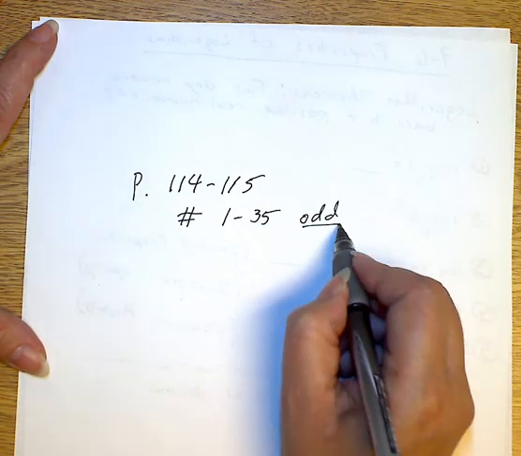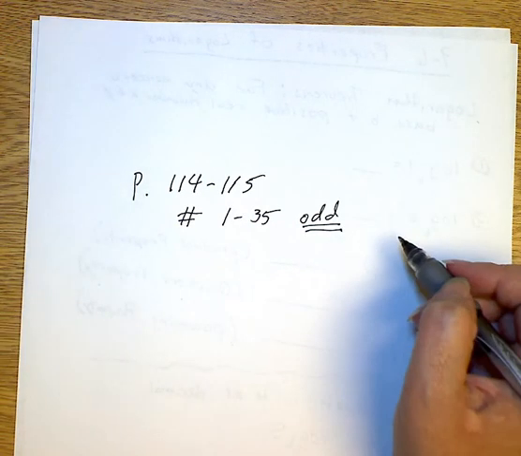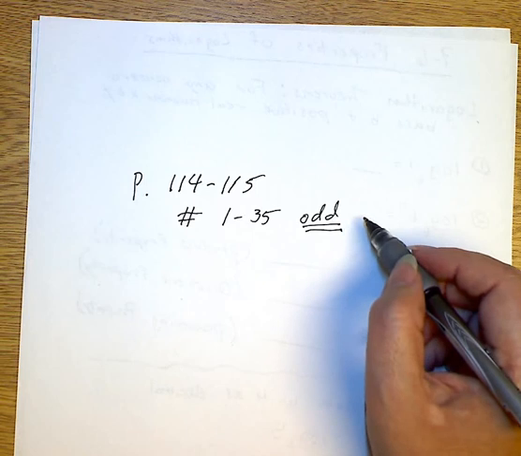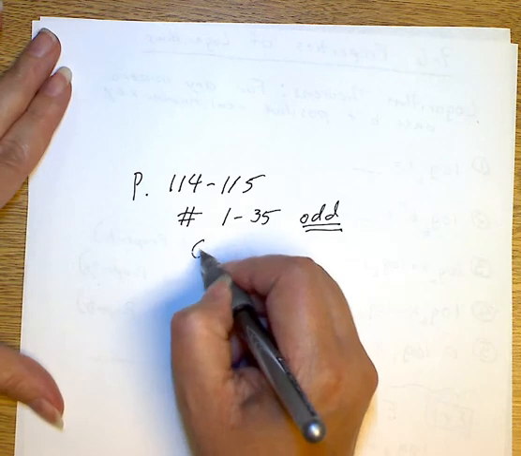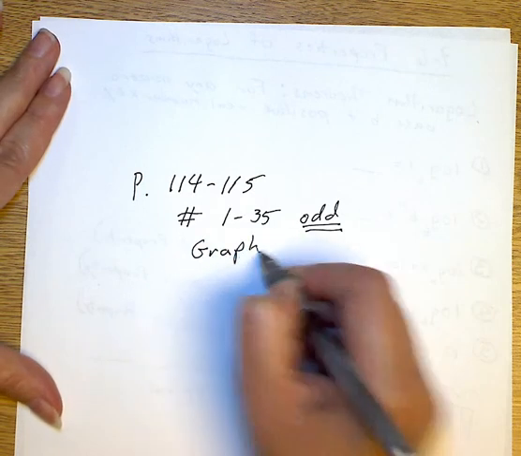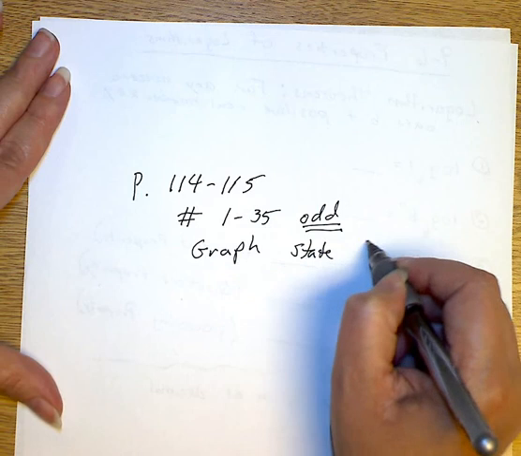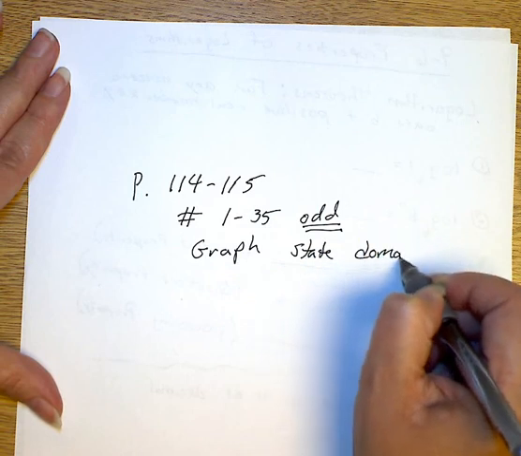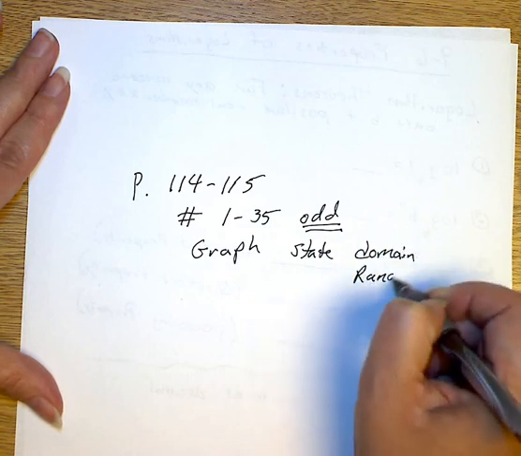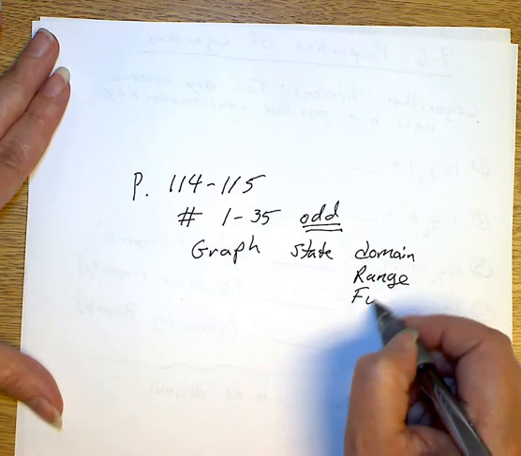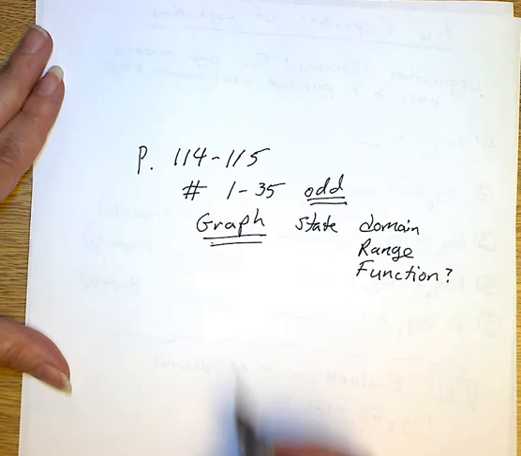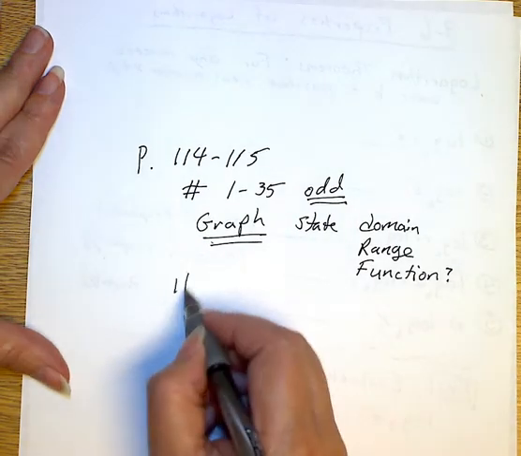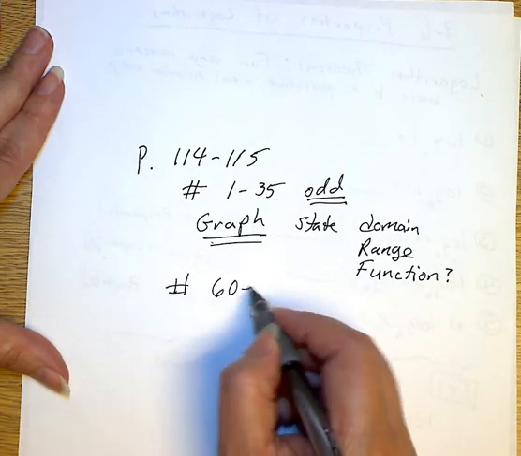The reason you're doing odds is so you can check your work. Checking your work is different than just copying the back, so you want to make sure you check your work. Whenever you graph, I want you to state the domain, range, and if it's a function. That's when you graph them. And then the last is 60 to 64 all.